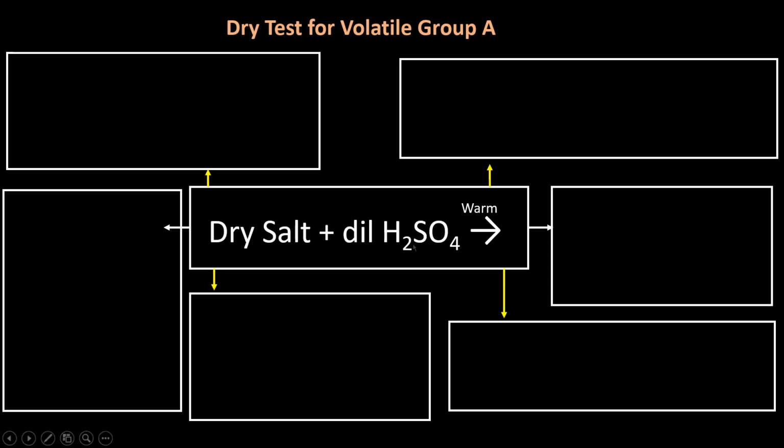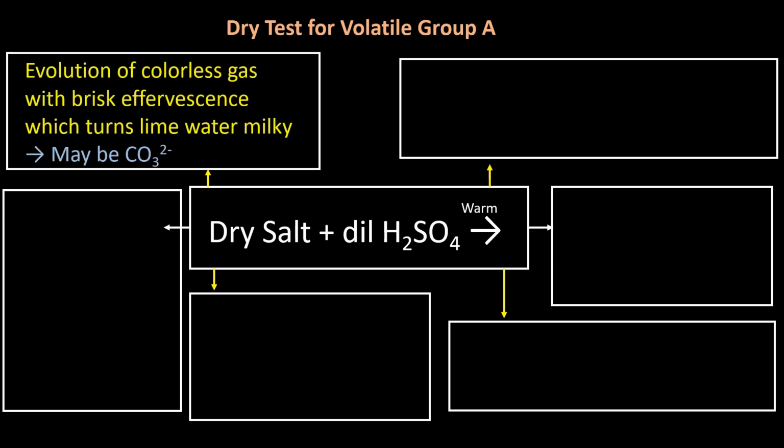So, dry salt plus dilute sulfuric acid and then see, if you get a colorless gas, that means evolution of colorless gas with brisk effervescence and which turns the lime water milky, then we can tell that it may be carbonate. Generally you don't say it confirmatory, but this dry test is the confirmatory test for carbonate. Already I told you, a few dry tests are also confirmatory tests.